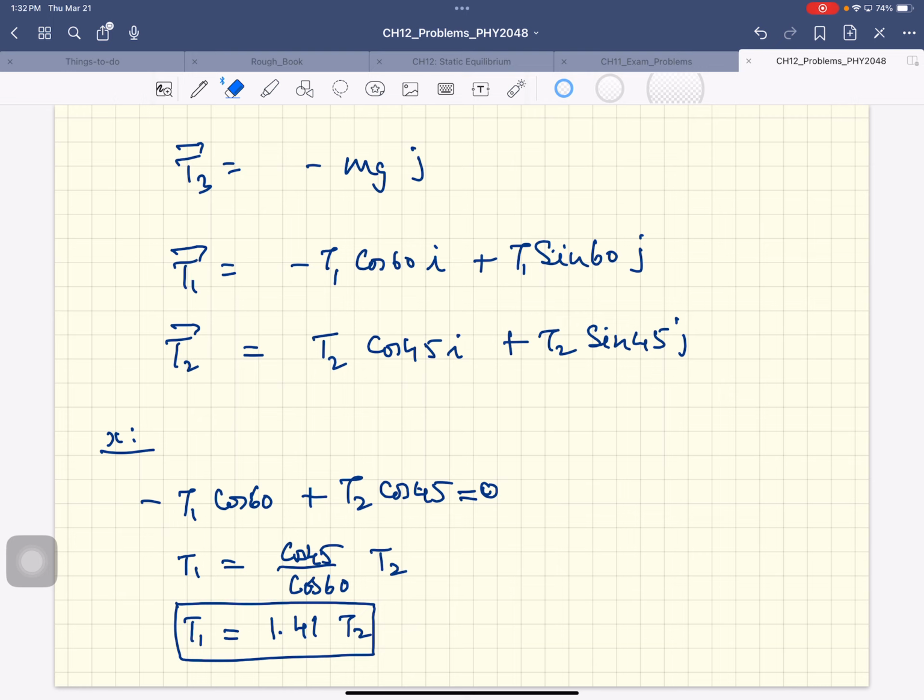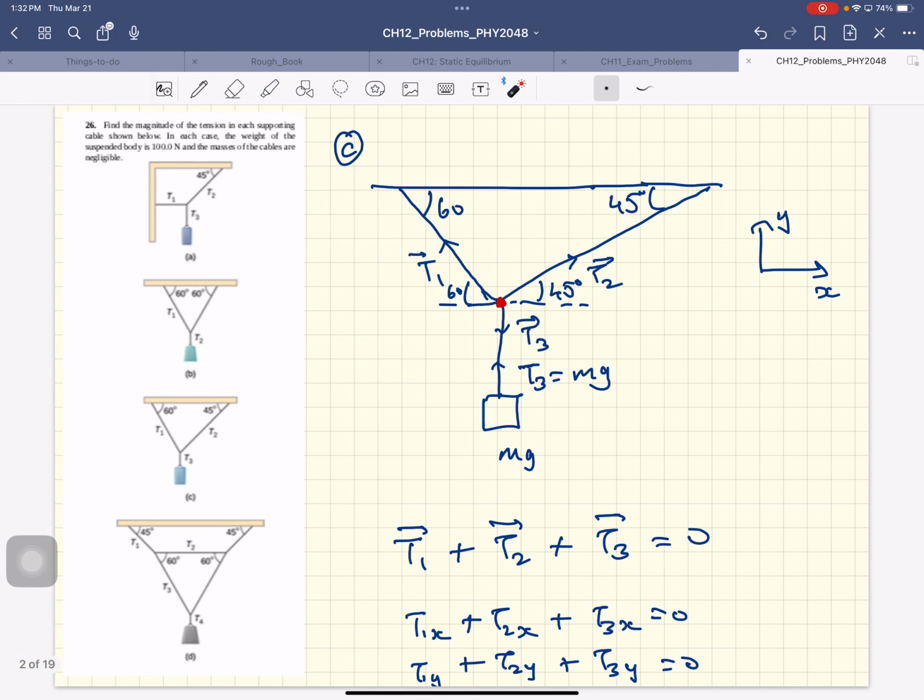So what we have found is T1 is 40% greater than T2. And that makes sense. T1 is more vertical, and so it's supporting the greater load.